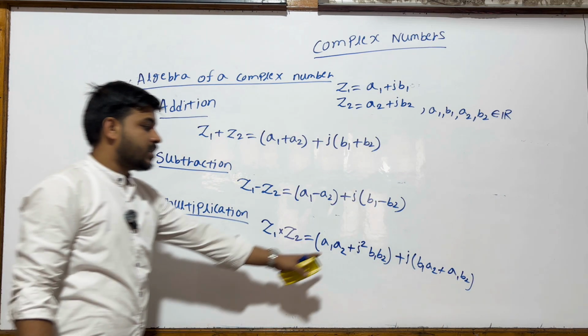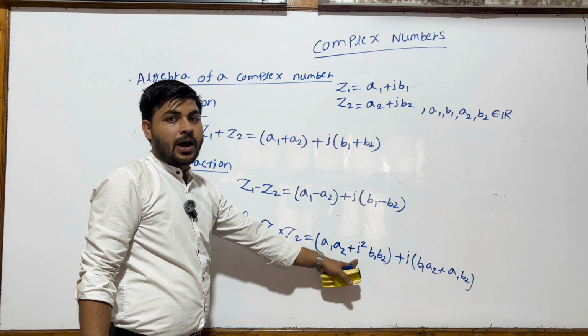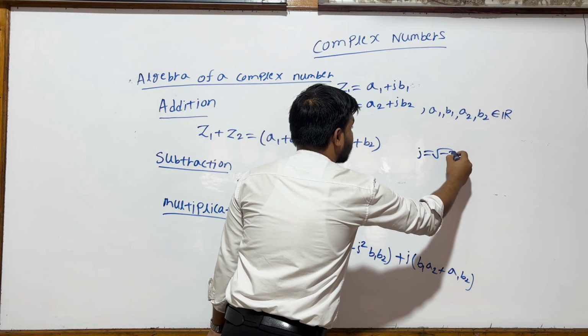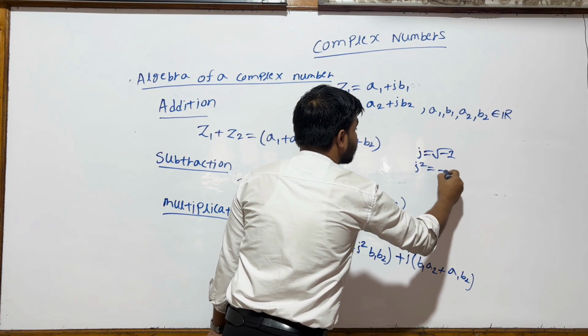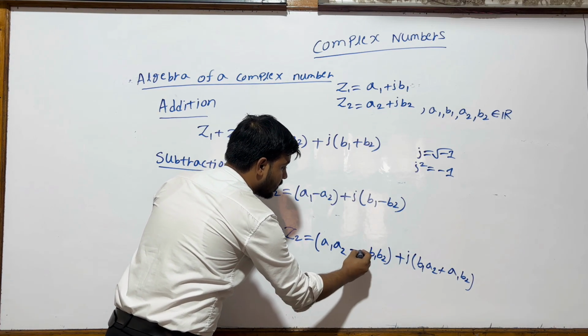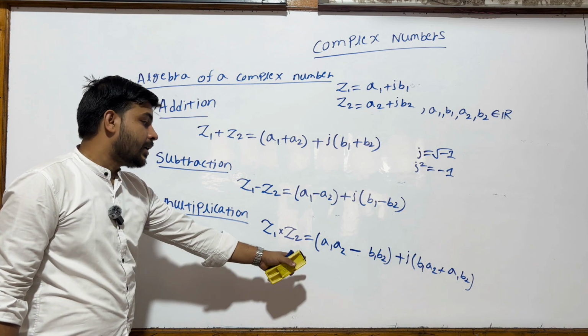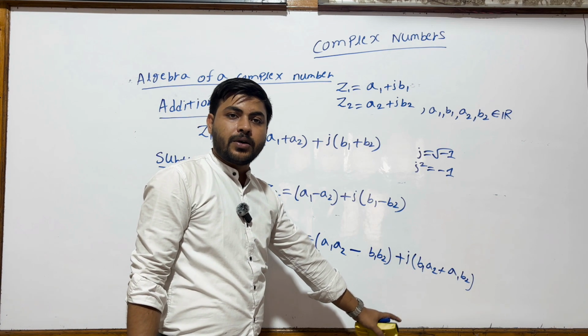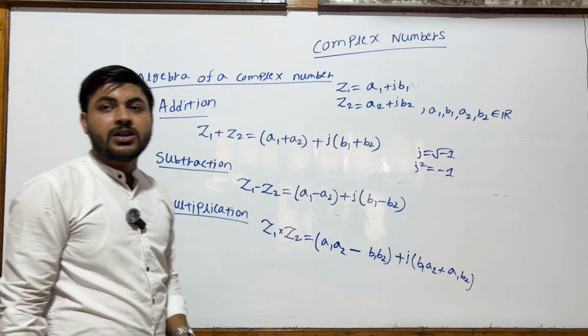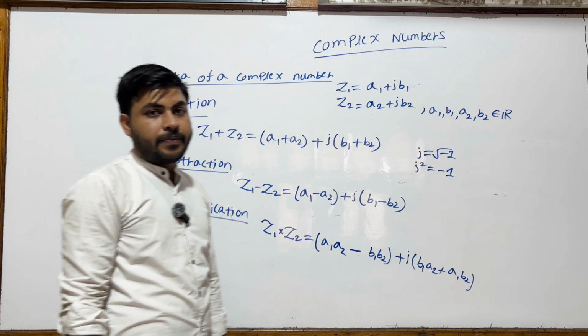What is the value of i square? i is equal to root under minus 1, so i square is minus 1. So we just put the value of i square, that is minus 1. So it is also in the form a plus ib. So the multiplication of two complex numbers is also a complex number.